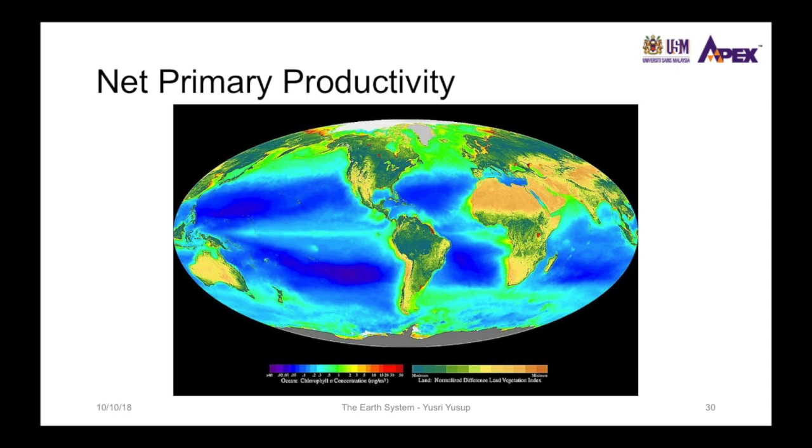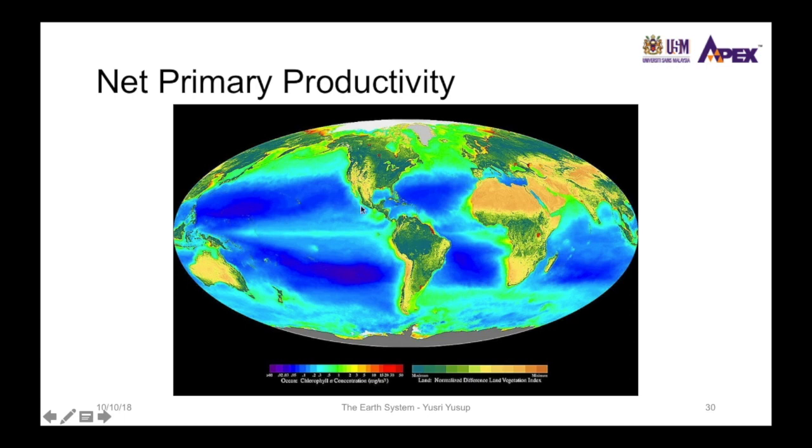Now this map shows the net primary productivity of different areas of the globe, which includes land and oceanic surfaces. We can see in areas of upwelling, where there are many nutrients and also phytoplankton, the net primary productivity is high. And in the oceans where there is less upwelling and nutrients, the net primary productivity is low.